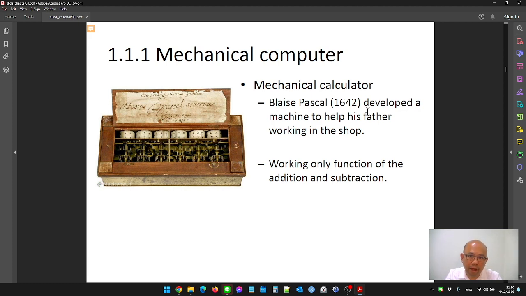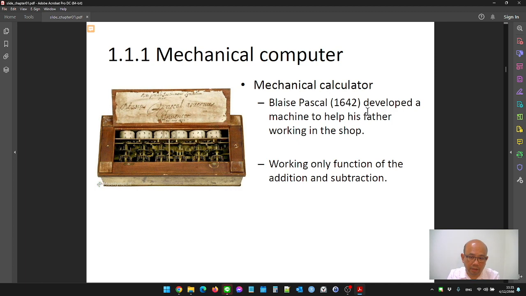The next step is when humans moved through the Iron Age. In the Iron Age, humans made gears. This makes a gear ratio. If I have a big gear and a small gear connected to the big gear, the small gear rotates 10 rounds while the big gear moves only 1 round.